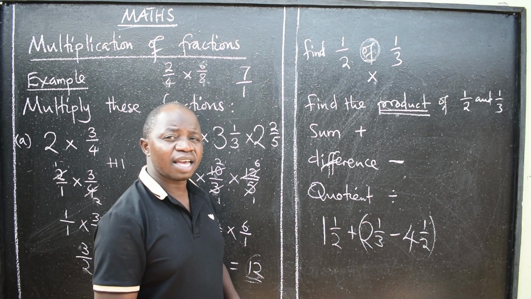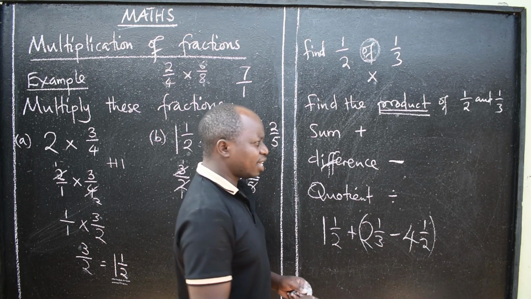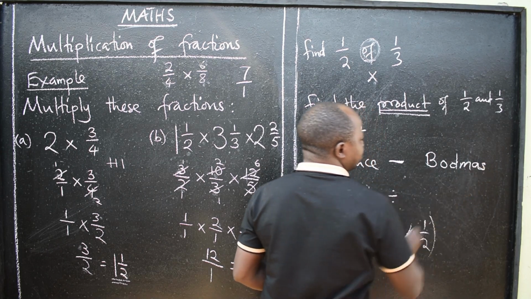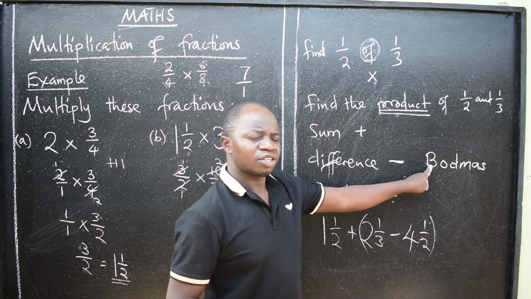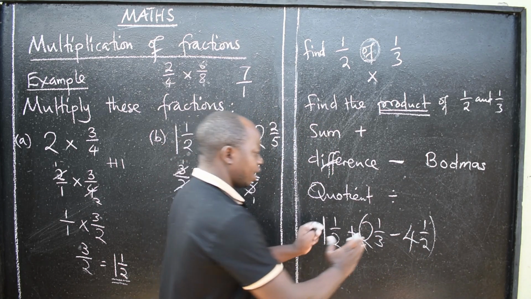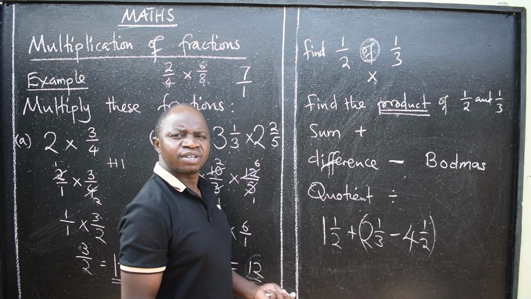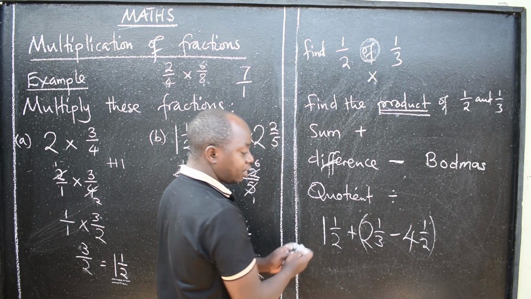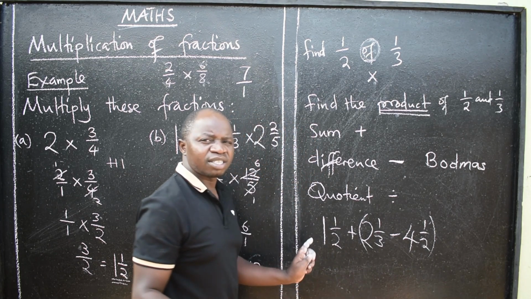We put brackets there or any signs in here. What are we saying? We are saying you should apply what is called the Bodmas. Remember in grade 5? Bodmas. Brackets. So when we give you something like this, I'm telling you to first subtract. The answer you're going to get, add it to that. Will that be difficult? No. This one, you leave it the way it is, work on this, find the answer, then you come and add at the end, just like that.